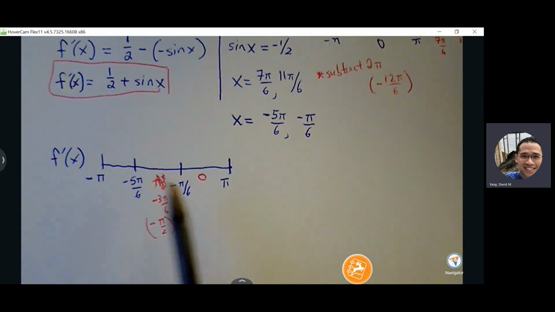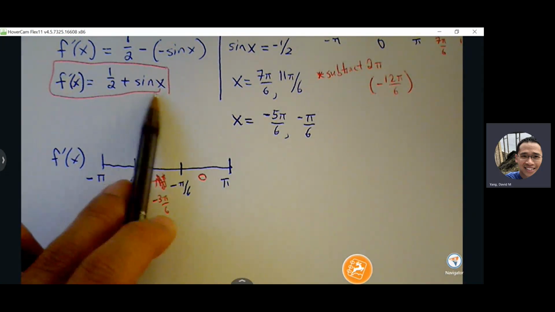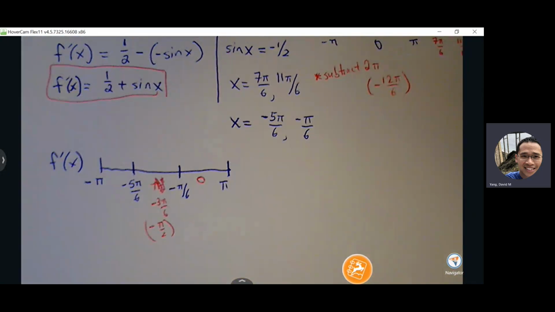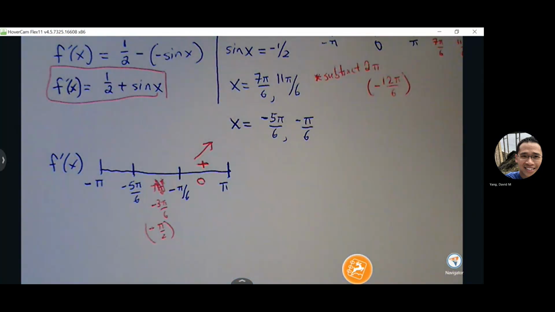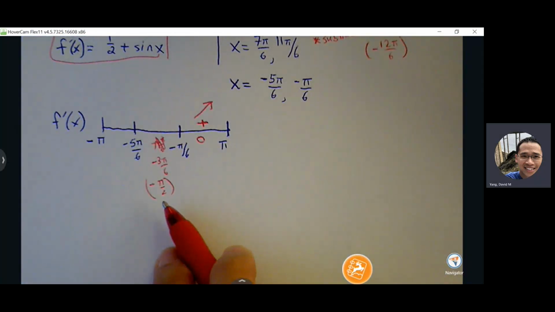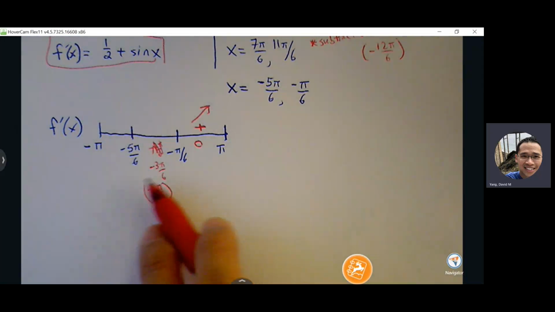Okay, so let's test 0 first. 0 in for x, sine of 0 is going to be 0. 0 plus 1/2 is 1/2, so that's positive. So I know my graph is going to be rising in that interval. Negative pi over 2. If we don't recognize negative pi over 2, what can we do to make it more familiar?